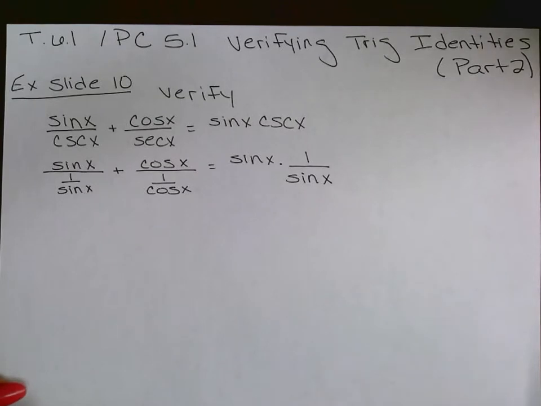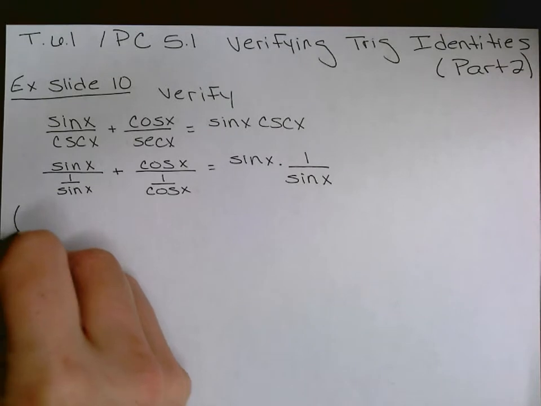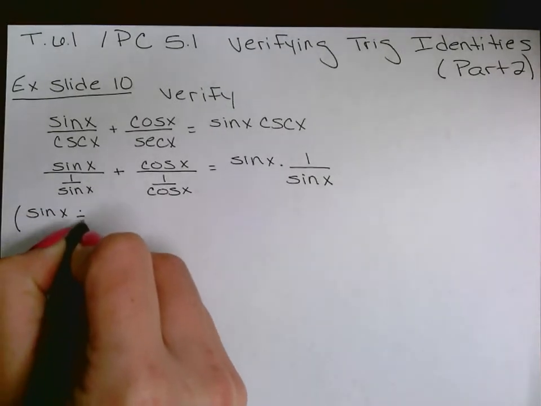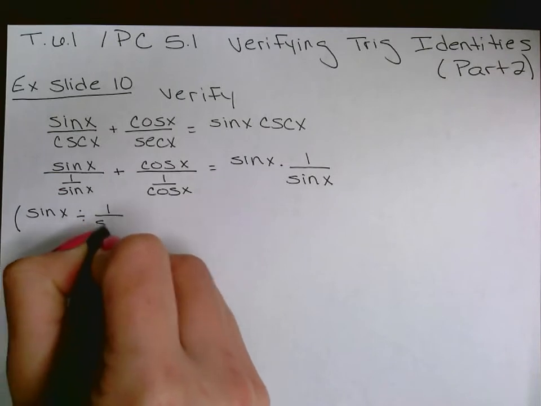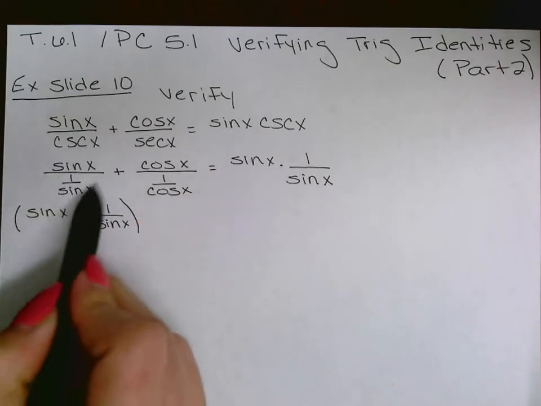Now, I don't know about you guys on this left side. Anytime I see multiple fractions together in one, I like to write them horizontally, okay? So it might be easier for you guys to see this first part as sine of x divided by 1 over sine of x. Okay, that's this first big fraction.